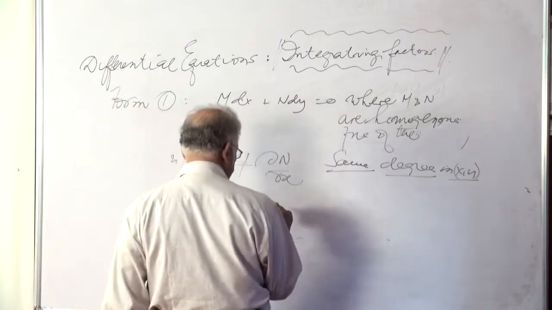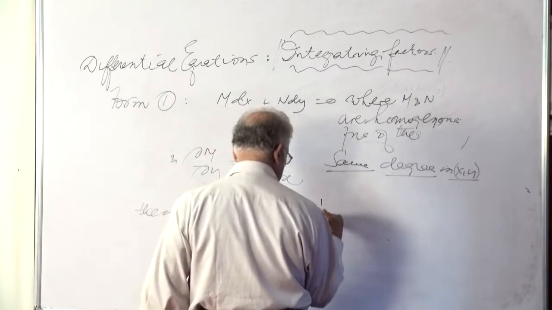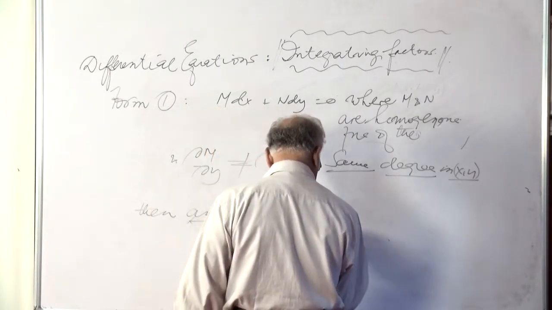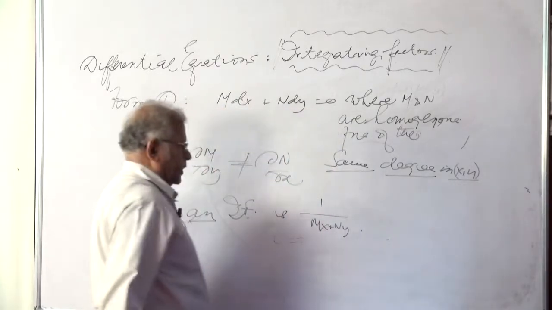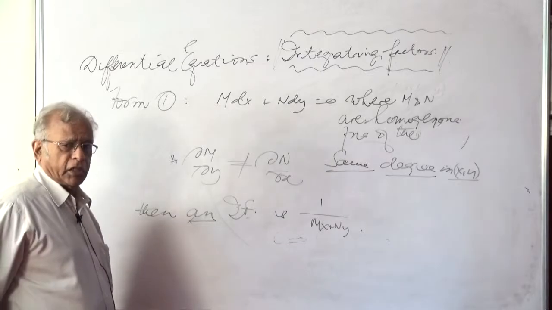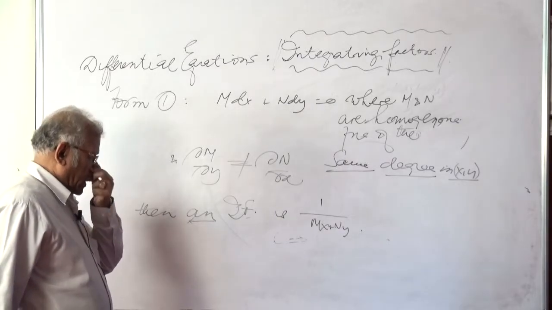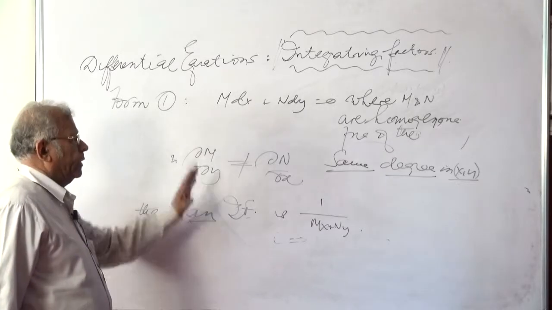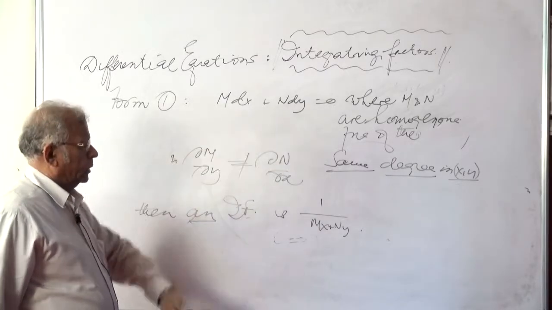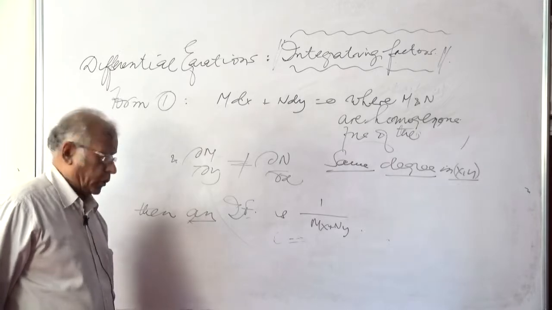Then an IF is 1 over Mx plus Ny. This has been given without proof. We'll just see one equation. So this integrating factor will render this particular equation into an exact equation.